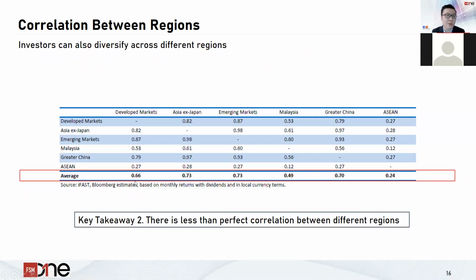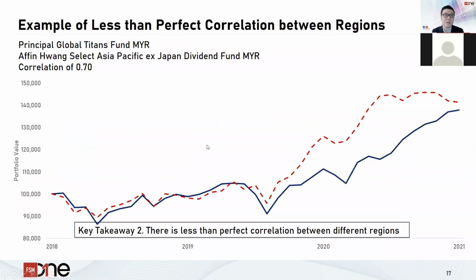And this is useful later on. So the key takeaway from this slide: there's less than perfect correlation between different regions. And some of the regions have lower correlation. You can see here, like ASEAN and Malaysia, compared to like 0.6 for developed markets, or Asia 0.7.